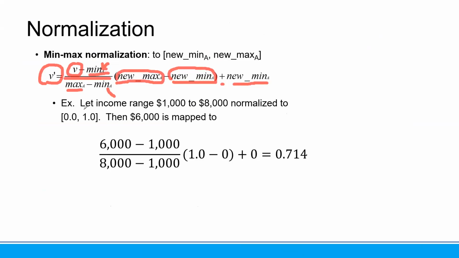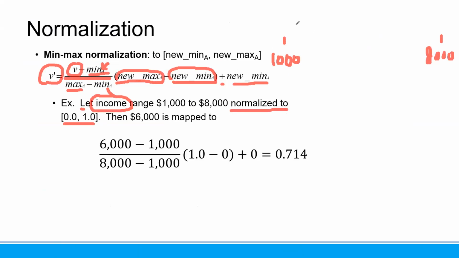Now, one example. I have the data about income. So the minimum value is 1000 and the maximum value is 8000. I want to normalize it to 0 until 1.